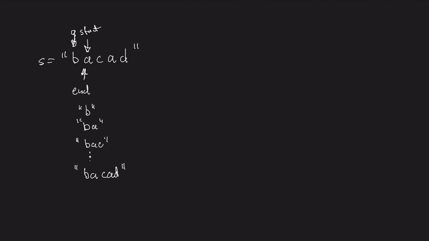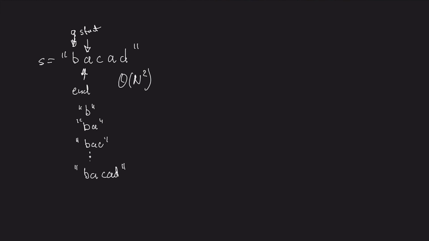Since we have two nested for loops, the cost of generating those substrings will be O of n squared, where n is the size of our string. And for each of those substrings, we already showed how to check whether the substring is a palindrome.